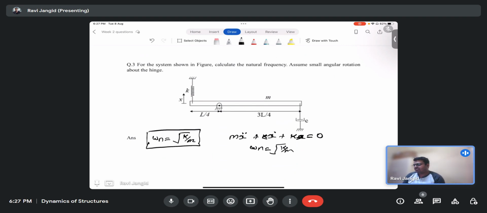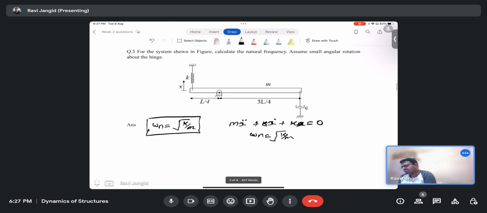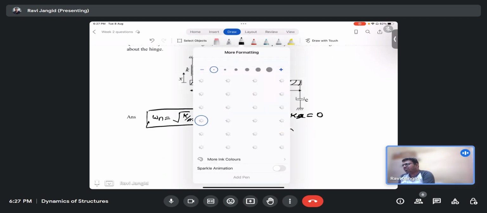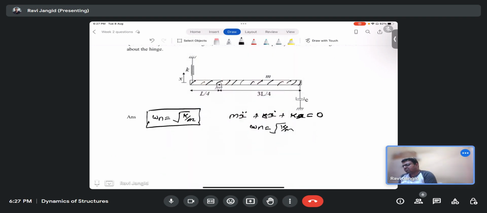So for this system, this is a beam, or you can call it a rod or bar. In the last class we did similar kinds of problems.